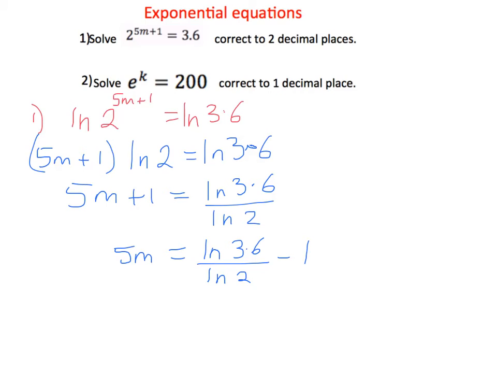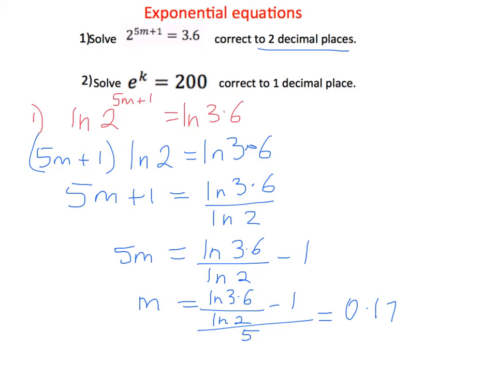And then you want to subtract 1 from both sides of the equation, and then the last step is to divide both sides by 5. So I'm just writing the exact value of this down, and then we'll put it in the calculator all in one go at the end, whichever way you prefer. And then the value for m should be 0.17 to 2 decimal places.